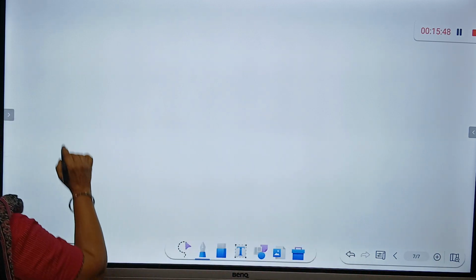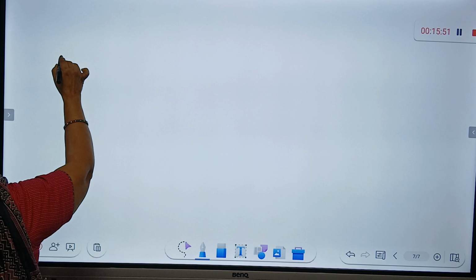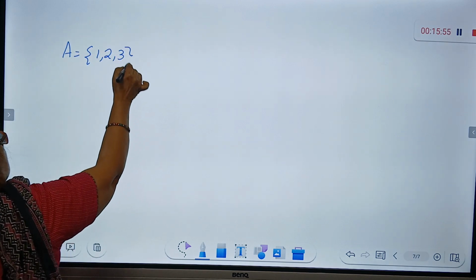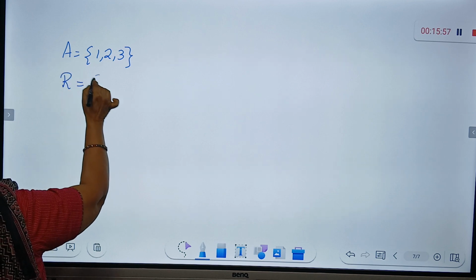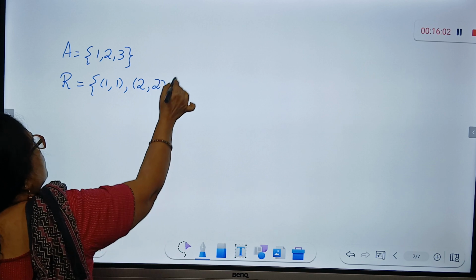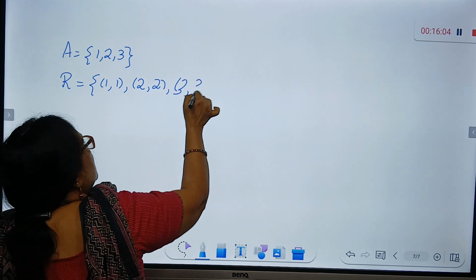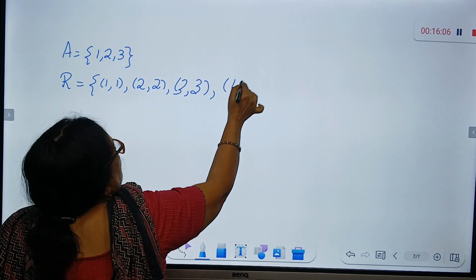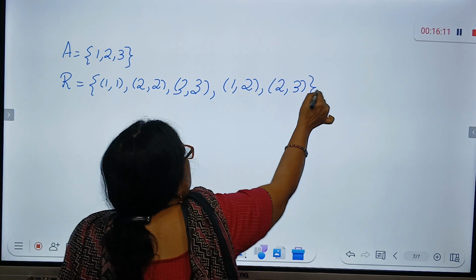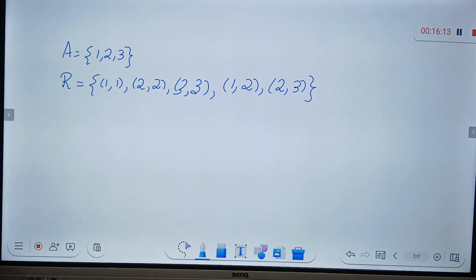Let us look at one more example. Let us suppose A is a set consisting of the elements 1, 2, 3 and R consists of (1,1), (2,2), (3,3), (1,2) and (2,3). Again we are going to check whether this is an equivalence relation. What is the first thing that we need to check?